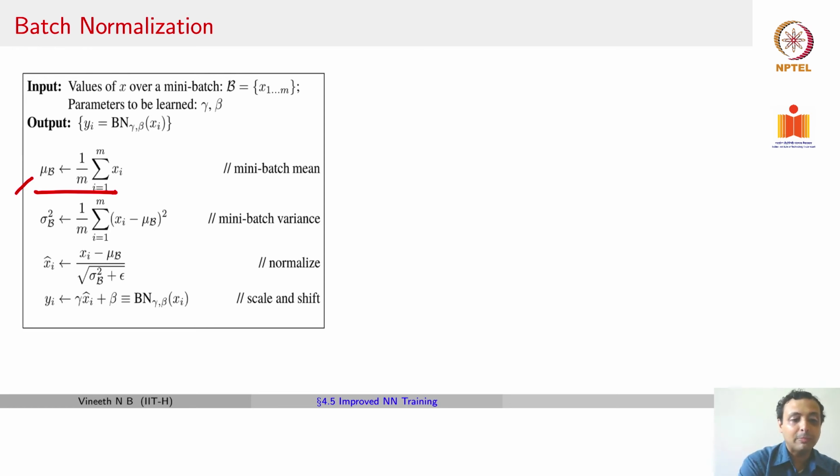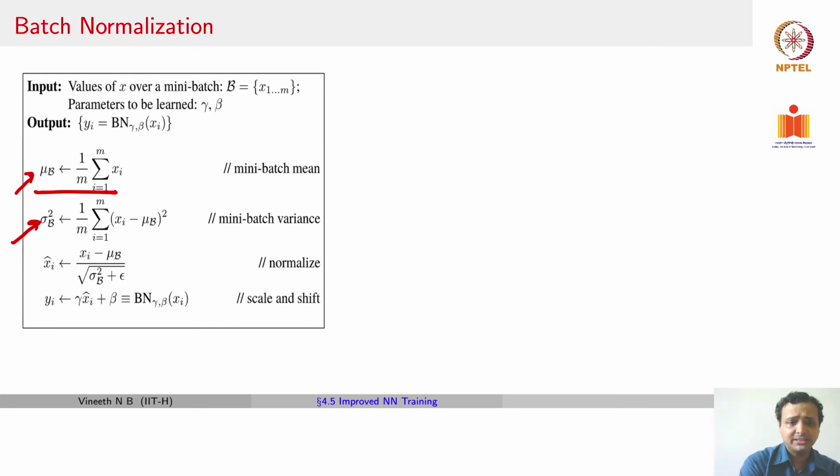Let the mean of all of them across the mini batch that you're propagating in a certain SGD iteration be mu b. Similarly, you can compute the mini batch variance across those values that you're considering, across that layer, to be sigma b square.